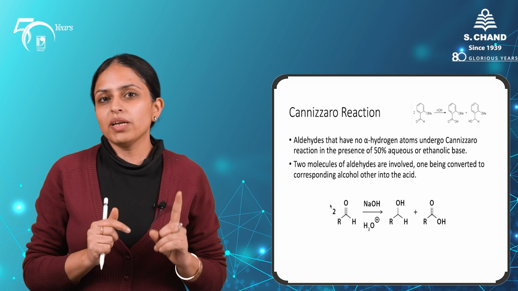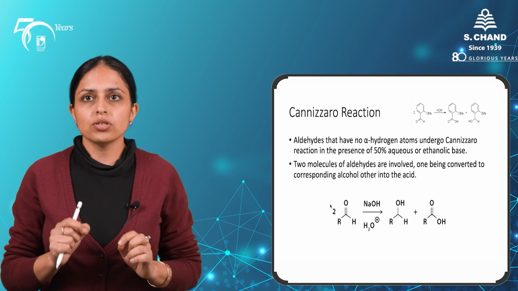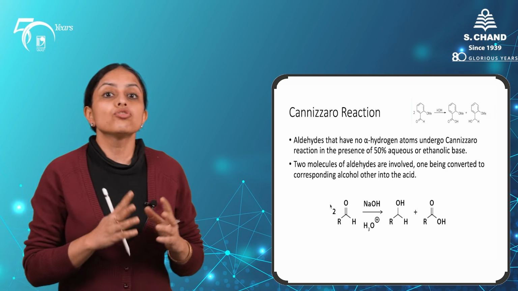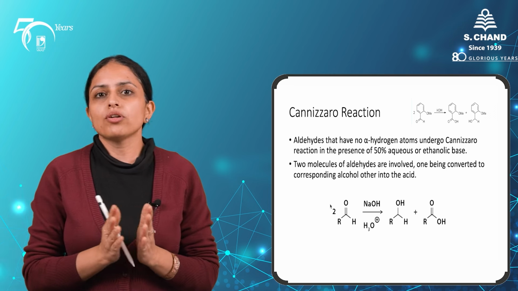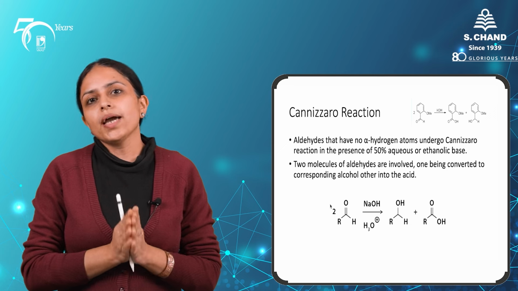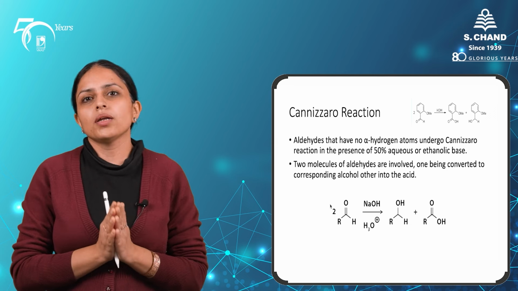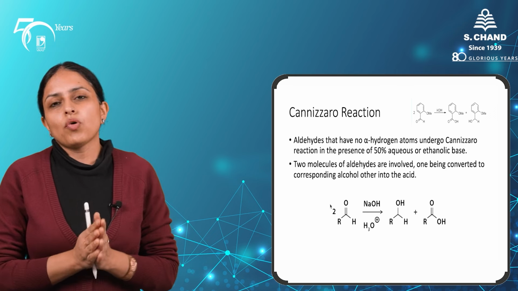While aldol takes place in the presence of a mild, dilute base, Cannizzaro reaction takes place in the presence of a strong base. Basically a 50% solution of aqueous or ethanolic base is required to carry out the Cannizzaro reaction. So aldehydes that have no alpha hydrogen atom undergo the Cannizzaro reaction to give the corresponding product.